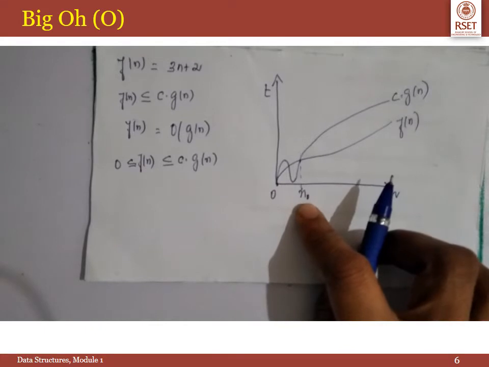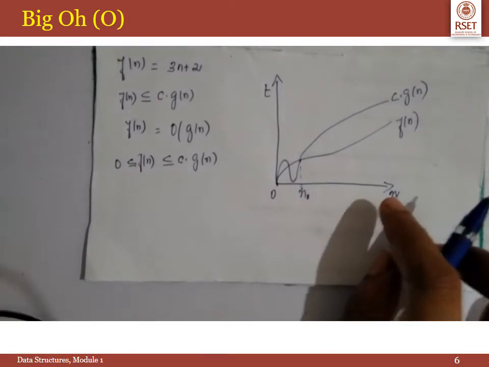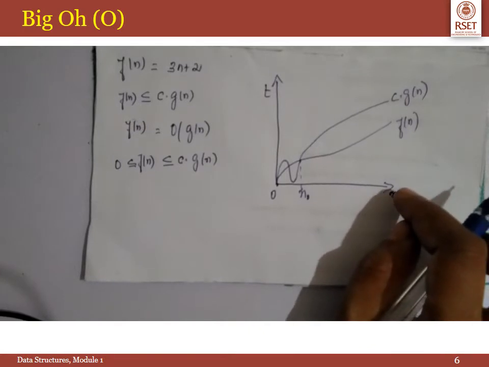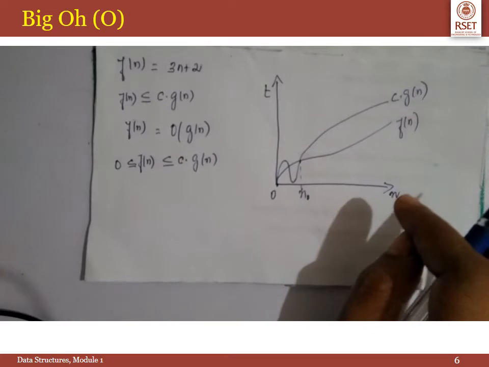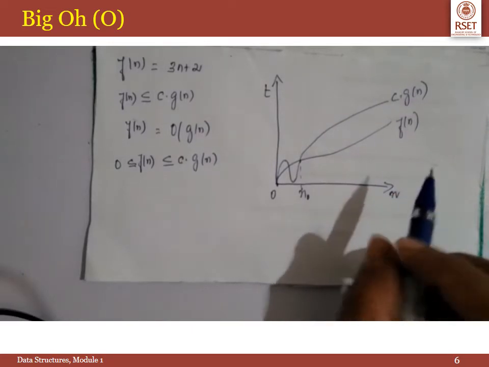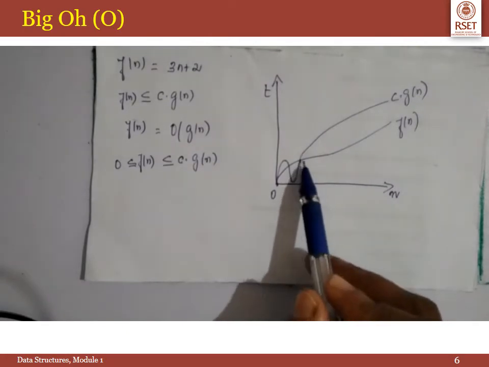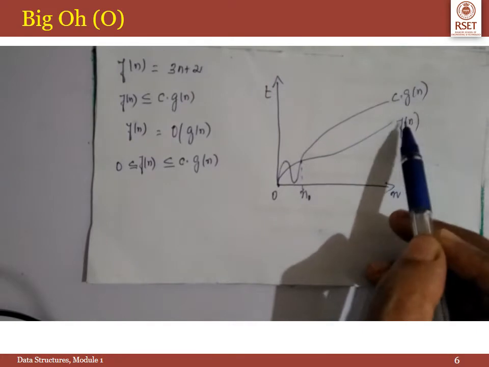Asymptotic notation actually satisfies for larger values of n. In using asymptotic notation, what we are trying to find is how the value of the function behaves for larger values of n. Right? Now, when you observe, from this point onwards, the value c into g of n is larger than f of n.